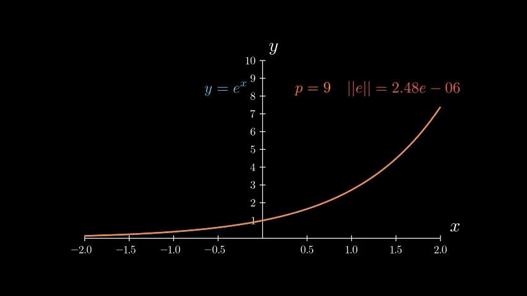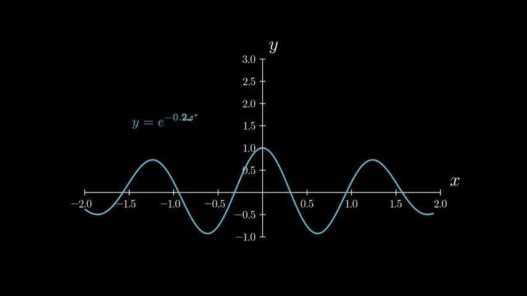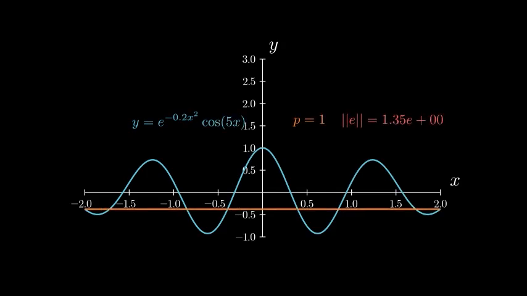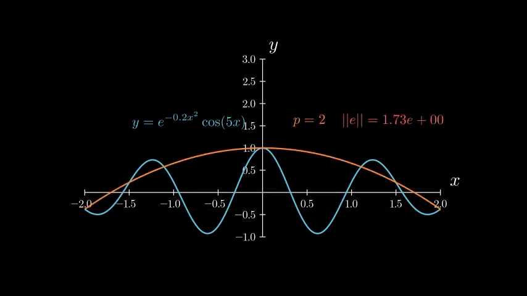So now you might be wondering, then what is the issue with interpolation fits? Let's take one more interesting example to show you my point. Now y equals e to the power minus 0.2x squared times cosine of 5x. Now interpolation gets worse.